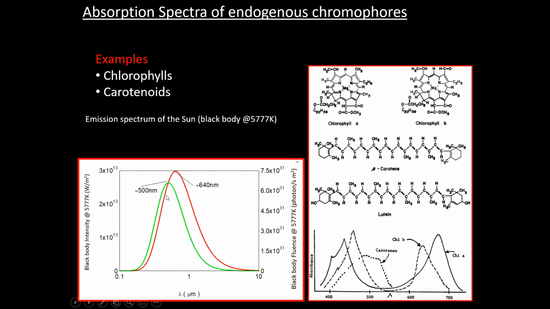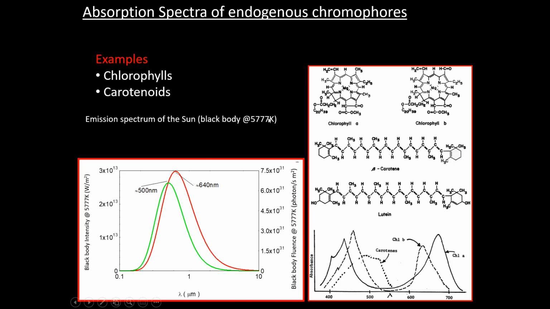Now, the green curve that is shown here: in quantum mechanics, I believe you discussed the black body radiation. This is the black body radiation of a body that is at 5,777 Kelvin.